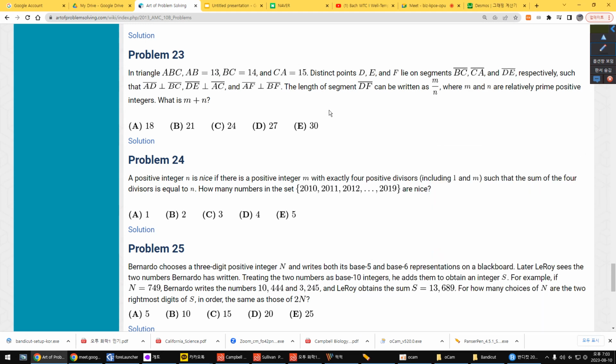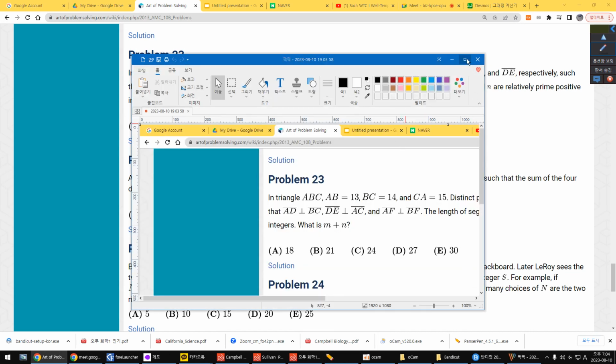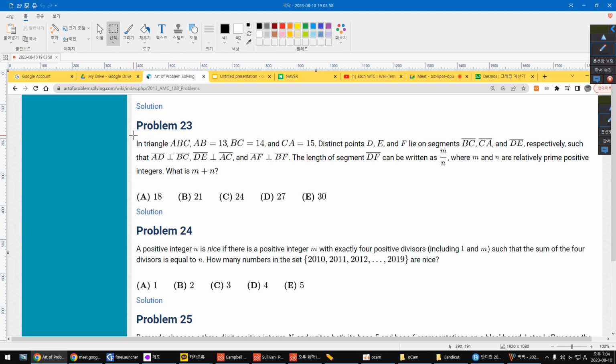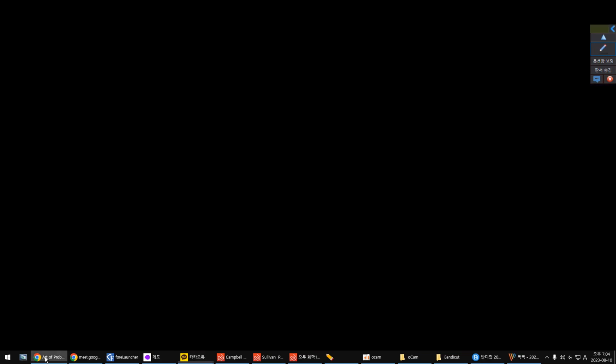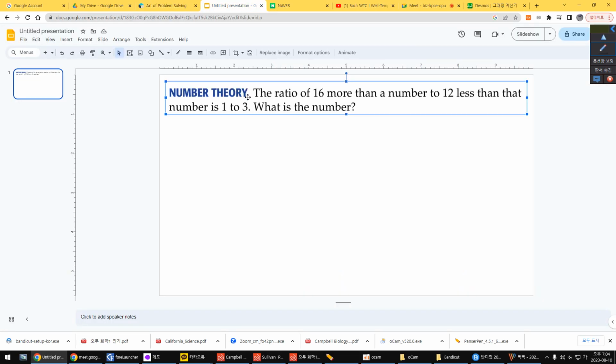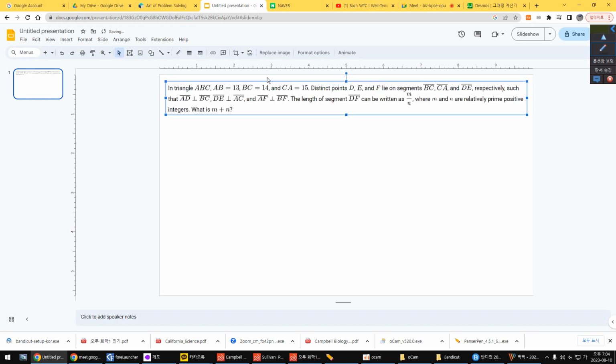So in number 23, this is a special type of triangle, because we can combine two Pythagorean right triangles to make this triangle.